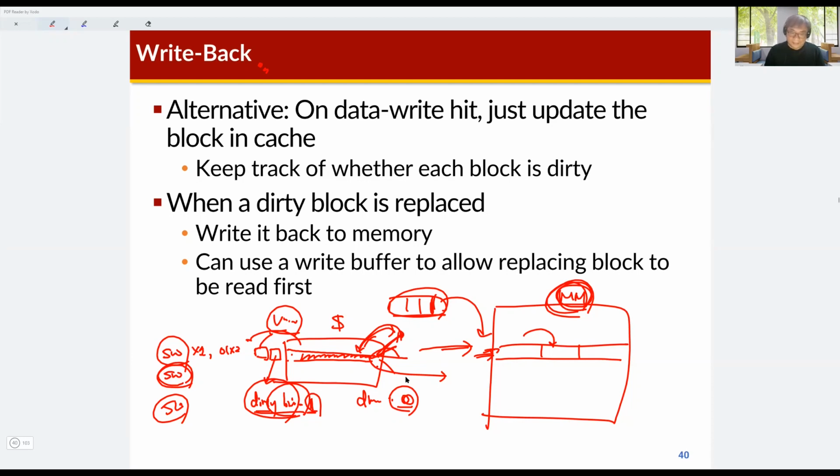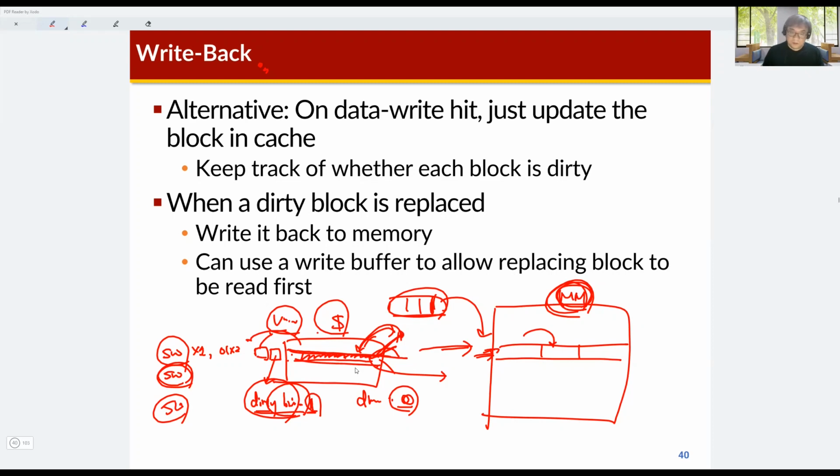The problem is that the data in this cache may be different from the data in main memory, which is obvious: when this cache line is updated, the main memory is not updated immediately. So the data can be different in this cache and the main memory.